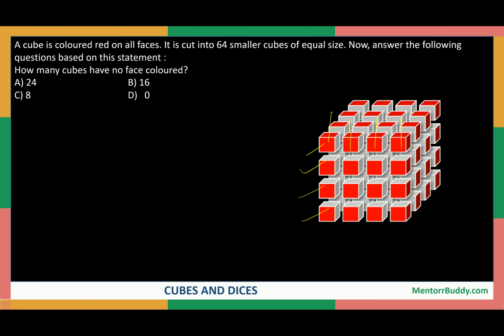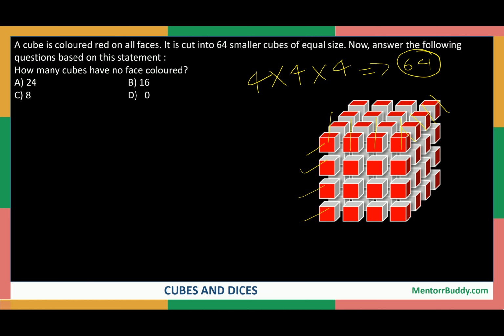And if we see the depth, 1, 2, 3, 4. So the total number of cubes is 4 cross 4 cross 4. To count it, 4 into 4 is 16, 16 into 4 is 64. So we are getting 64 cubes in total.